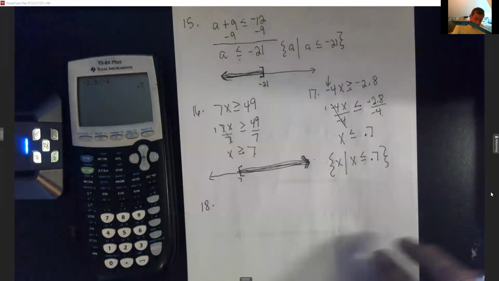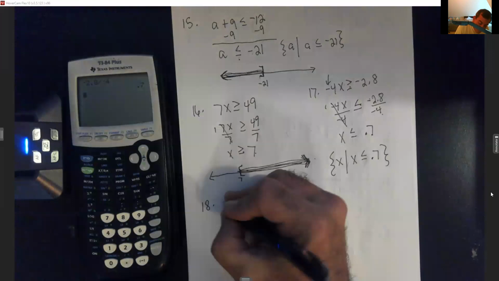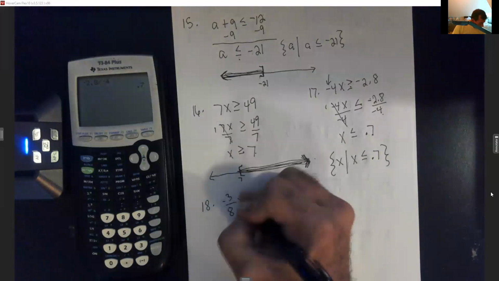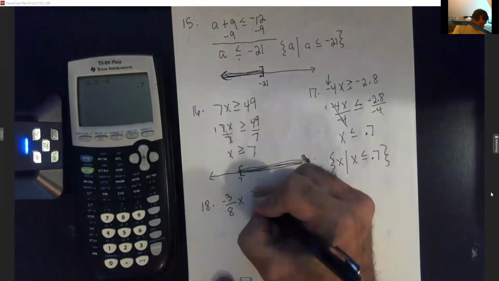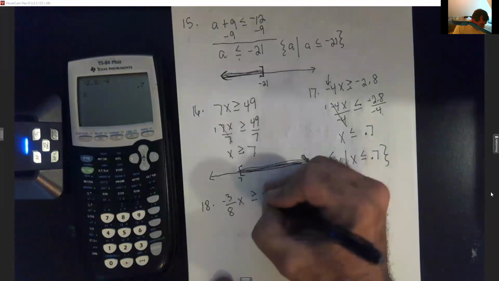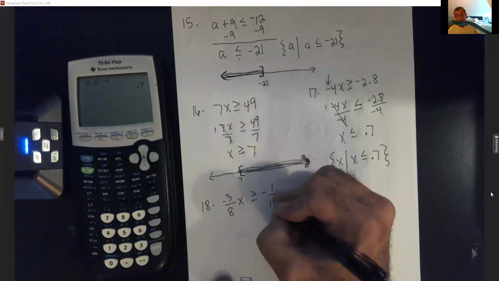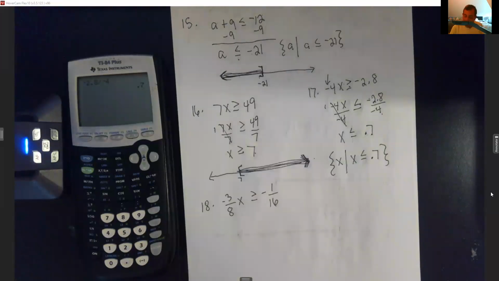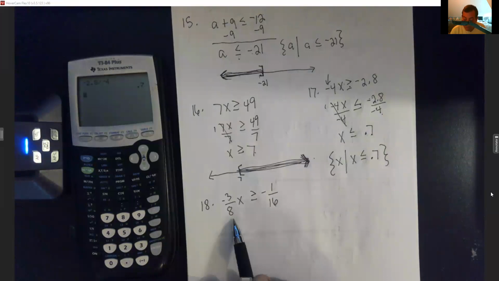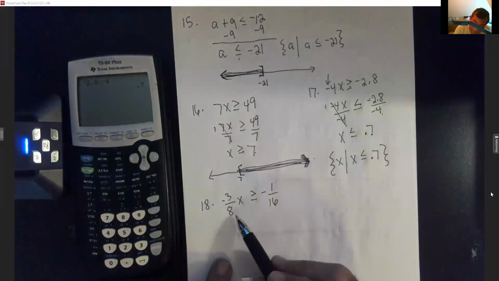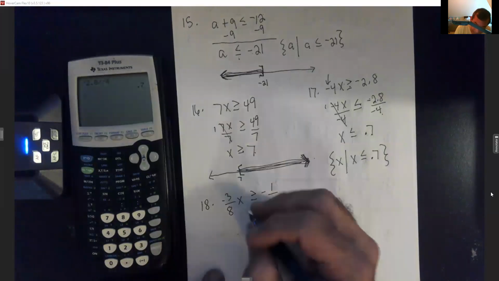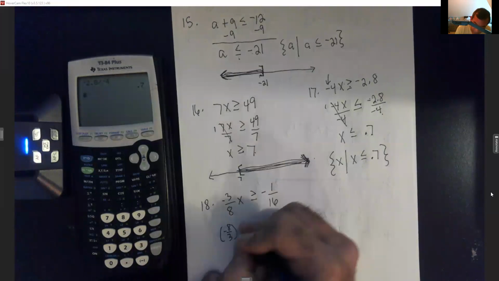All right, 18, negative 3/8 x greater than or equal to negative 1/16. So remember, I would technically be dividing by negative 3/8, which means I'm going to flip and multiply both sides by a negative 8/3.